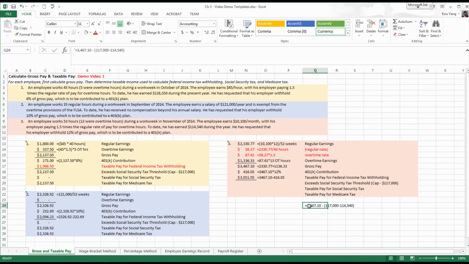So right here, I've got $3,467.10 that he's generated or had made for this pay period. Year to date, he's made $114,540. So I'm going to go ahead and subtract that from the $117,000 cap.